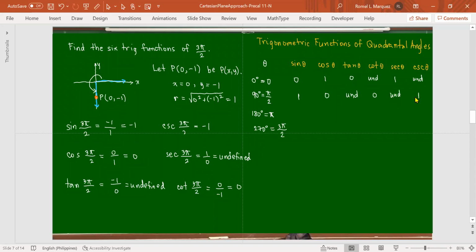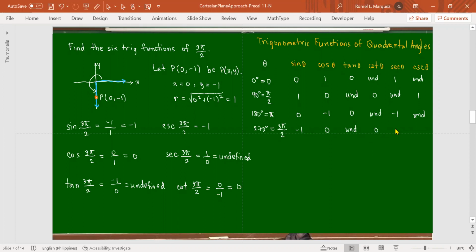Then for 180 degrees: 0, negative 1, 0, undefined, negative 1, undefined. And then finally, for 270 degrees: negative 1, 0, undefined, 0, undefined, negative 1. Is that correct?